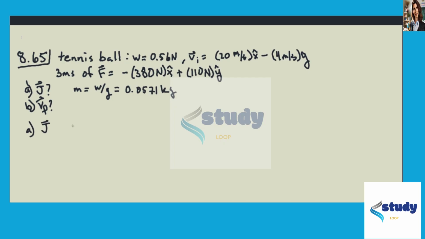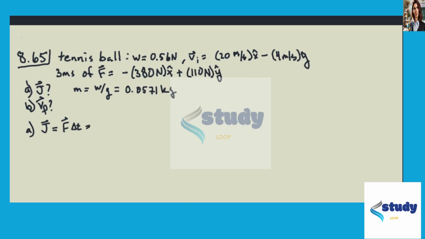Now for part A, we don't need that, but for part A, we have the impulse. For a constant or average force, it is equal just to that force times the amount of time that's spent.